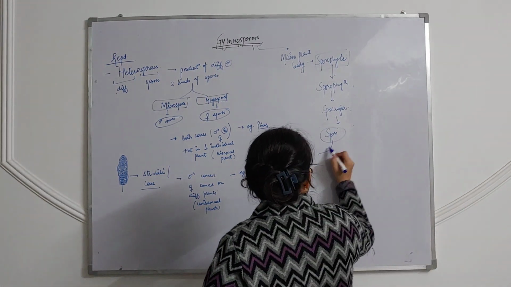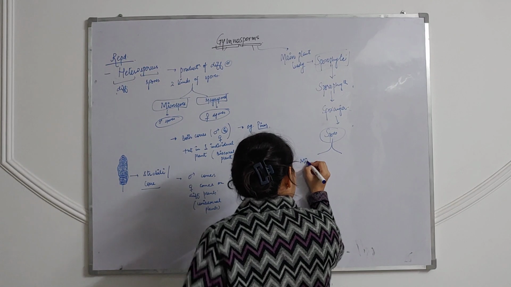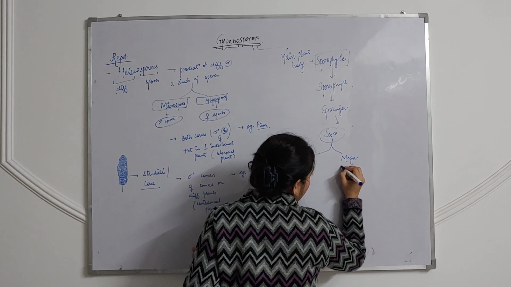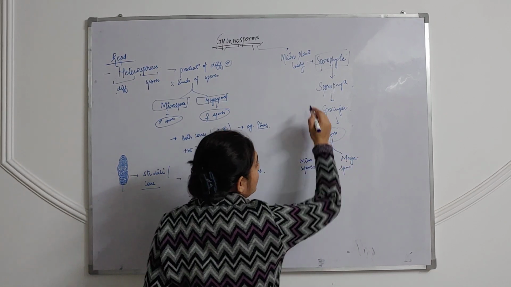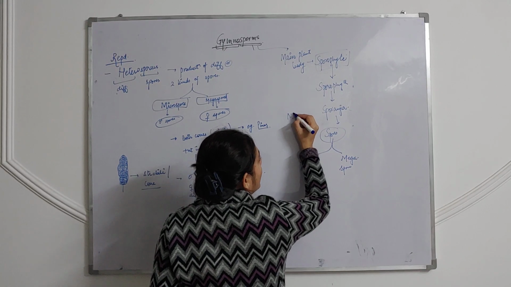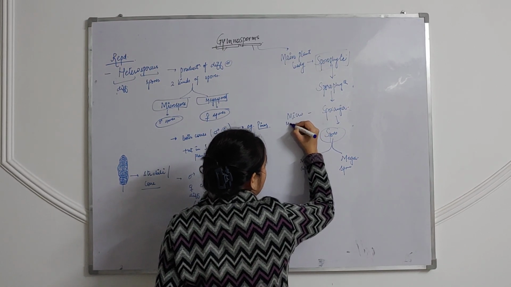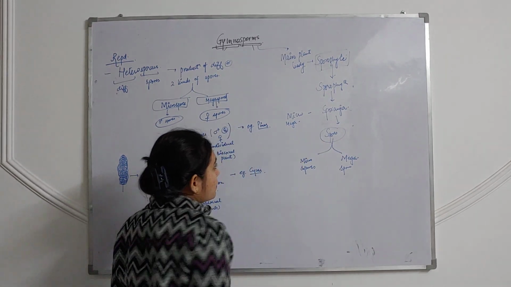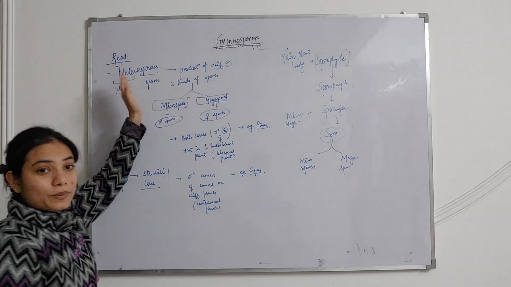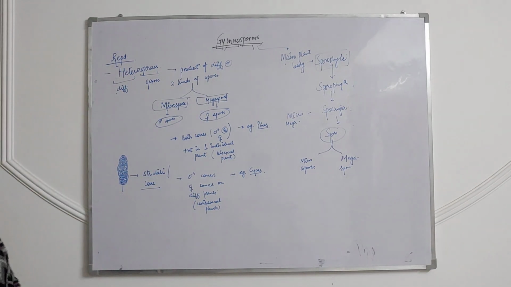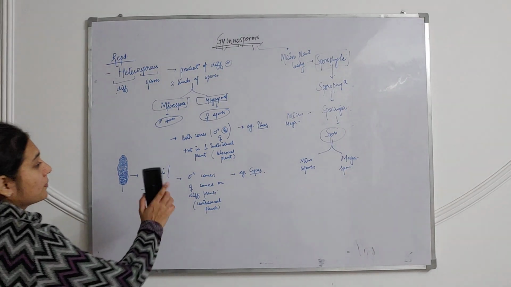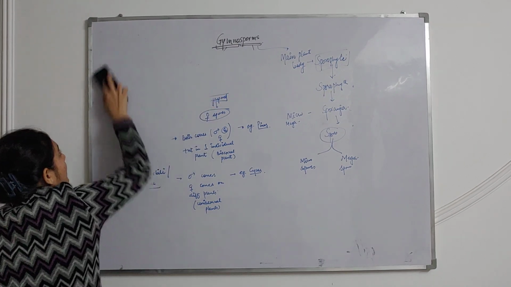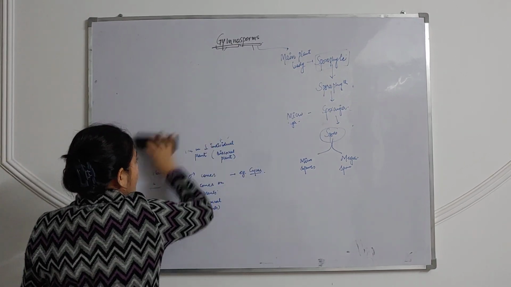So the two different types of spores are microspores as well as megaspores, or we can say microsporangia and megasporangia, and microspore and megaspore. So I hope it is clear to you. Now we will discuss microspore and then megaspore.